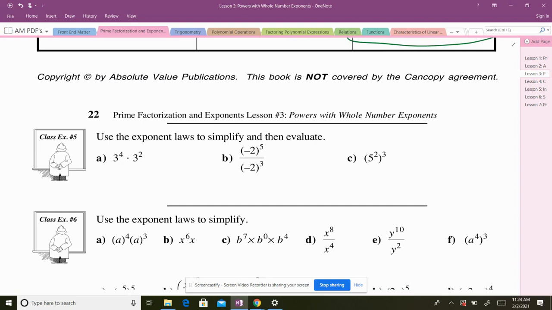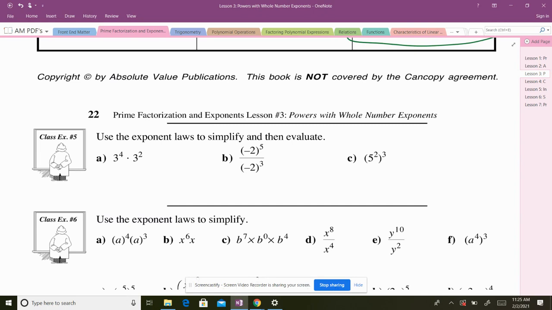And then the final one is the power. So we'll call it x to the power of m, all to the power of n. What do I do with the exponents? You multiply them. So it's x to the m times n.